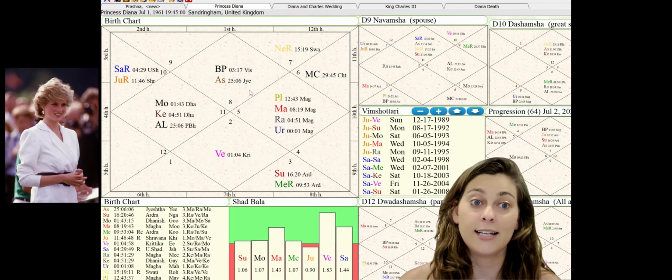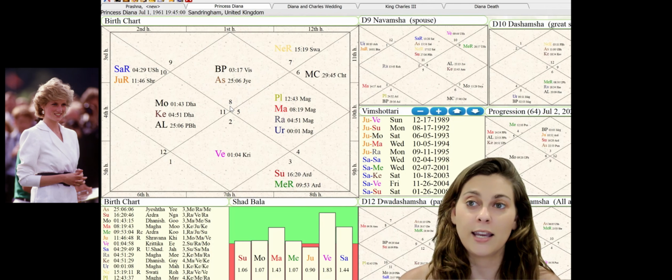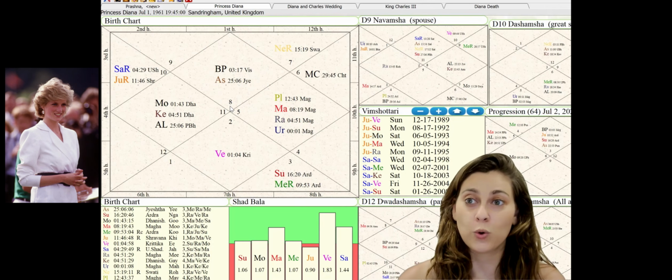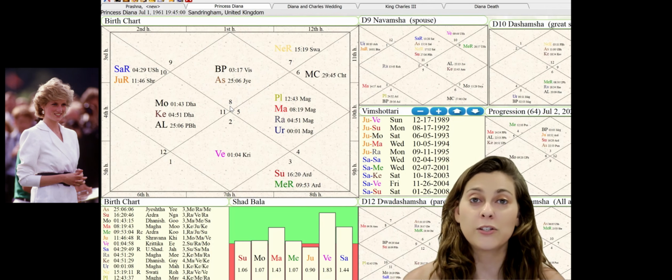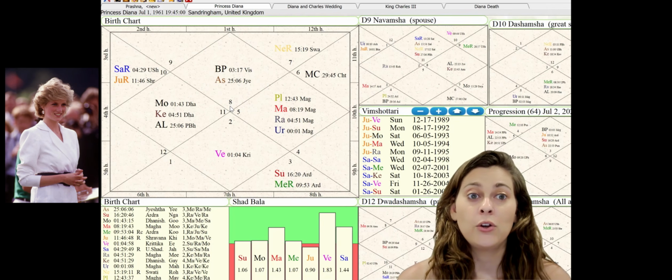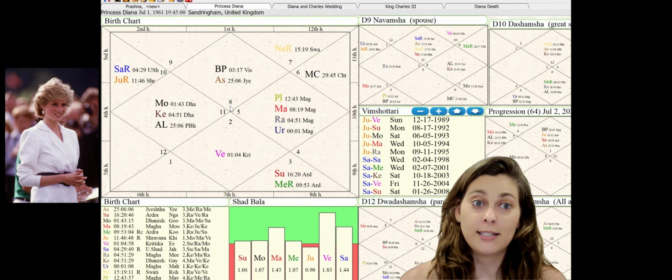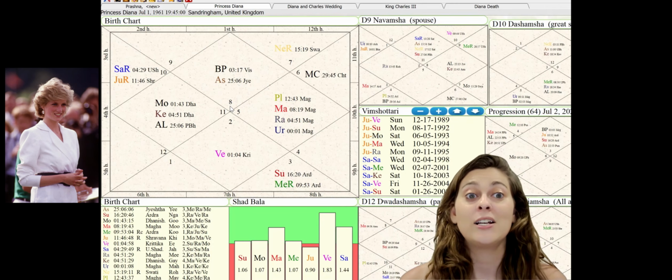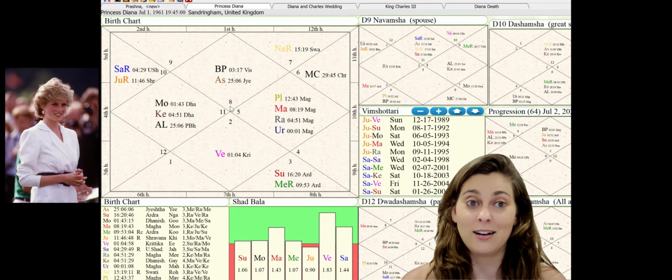For Princess Diana, you see the number 8 here. That's telling us the sign. She is a Scorpio rising. 8 is Scorpio. We also say ascendant in Jyotish instead of rising sign. So she is a Scorpio ascendant, her Lagna, and it's in Jyeshta Nakshatra.